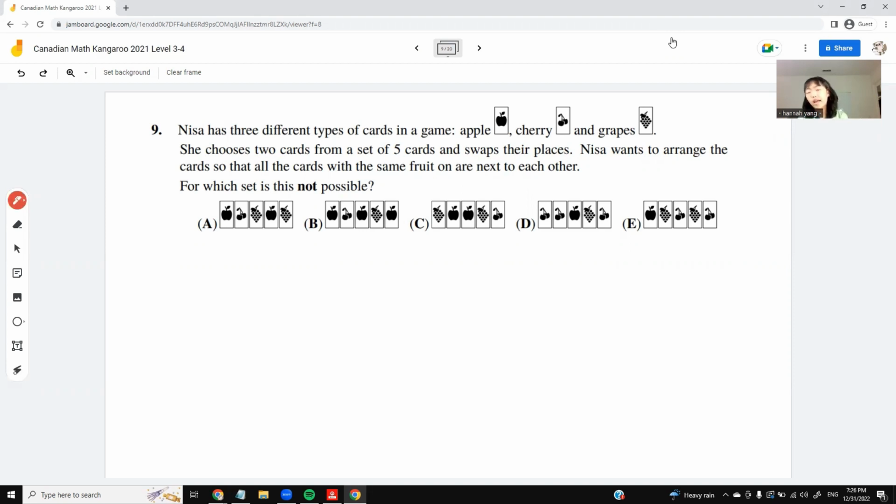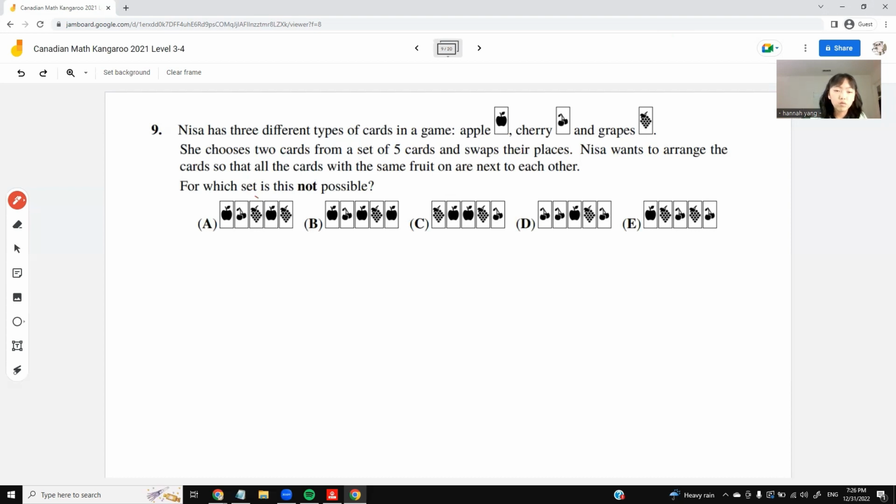So this is a long and slightly wordy problem. So basically what it's just asking is for which one of the options is it not possible to put all the same cards next to each other using one move? So we can see that for A, no matter what move we do, the same cards aren't going to end up next to each other with just one move.